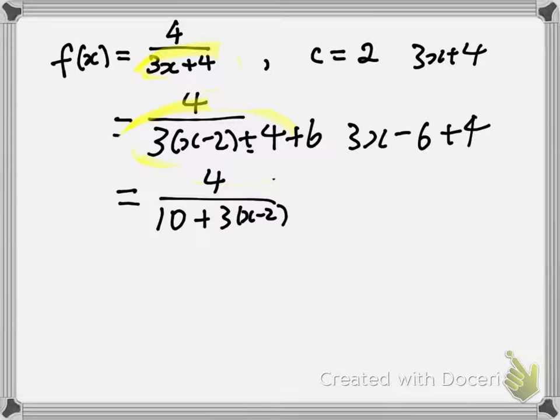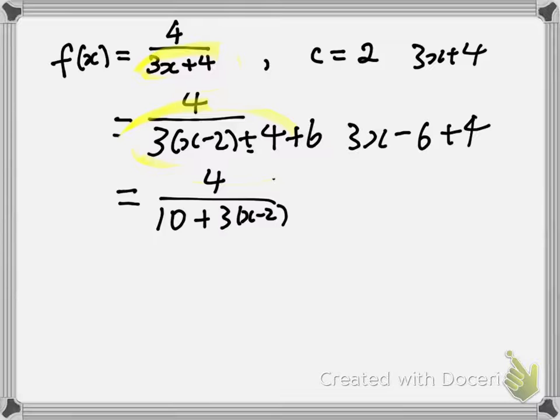Now our next manipulation would be to try to make that look like a over 1 minus r. And since 1 is needed, the best way to do this would be to divide every term by 10.